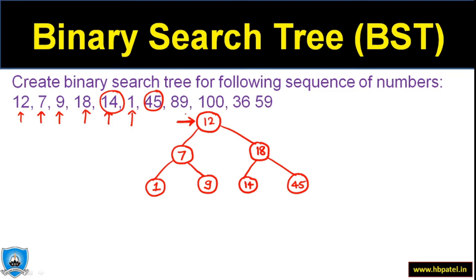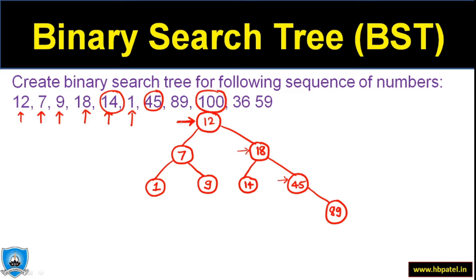So 89 is greater than 12, so it should go on the right hand side. There I am having 18, so let us compare 89 with 18. So 89 is greater than 18, so it should go on the right hand side. And 89 compared with 45, 89 is also greater than 45, so it should go on the right hand side of 45.